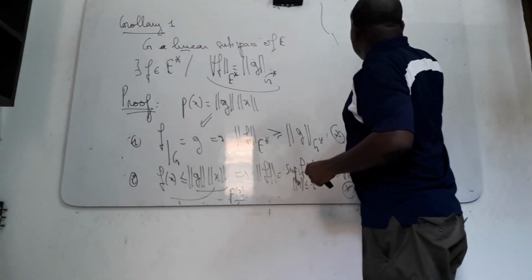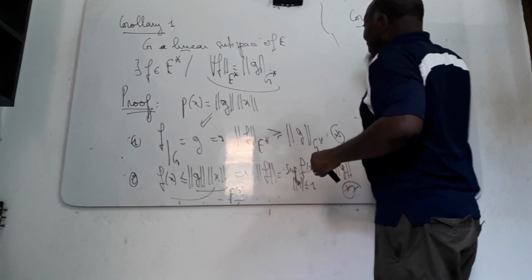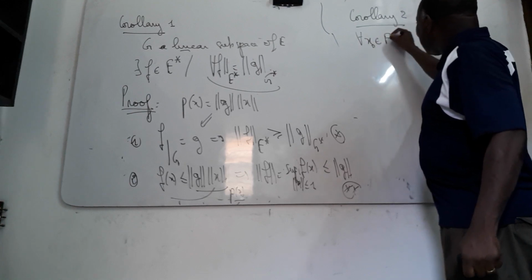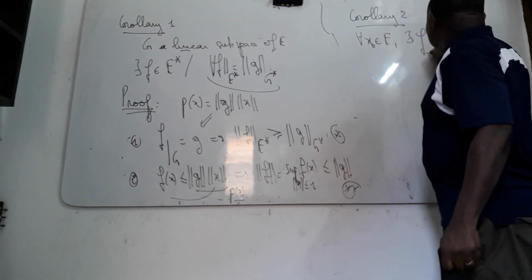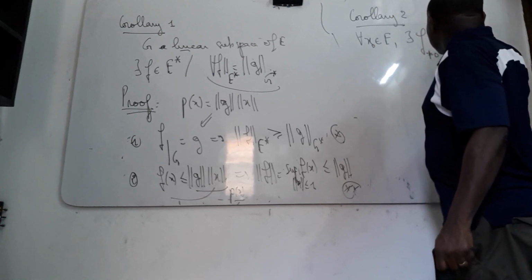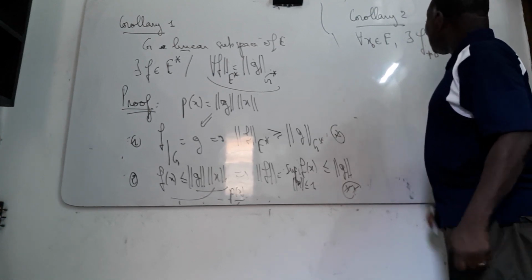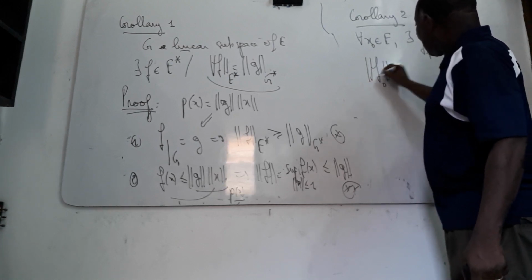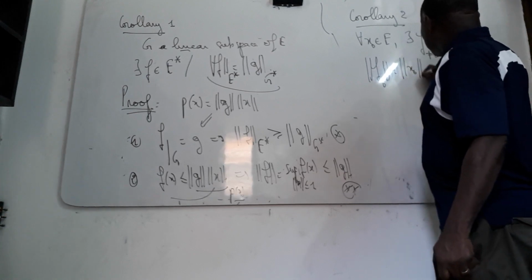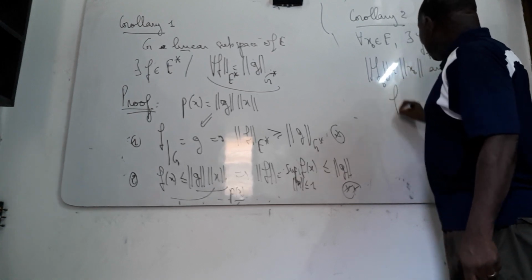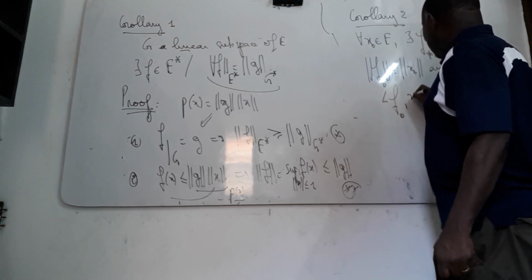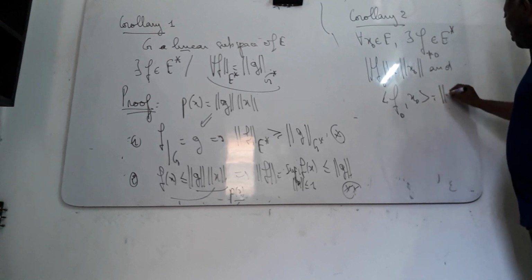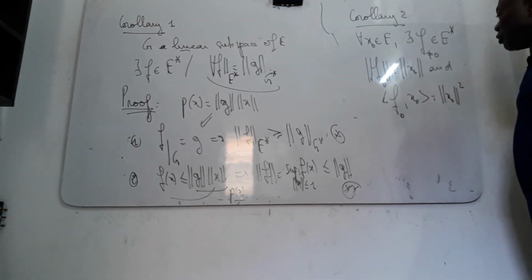Corollary 2. For x0 in E, you can get f0, which is also an element of the dual, such that you have this condition: the norm of f0 must be equal to the norm of x0, and f0 of x0 must be exactly equal to the norm of x0 squared.